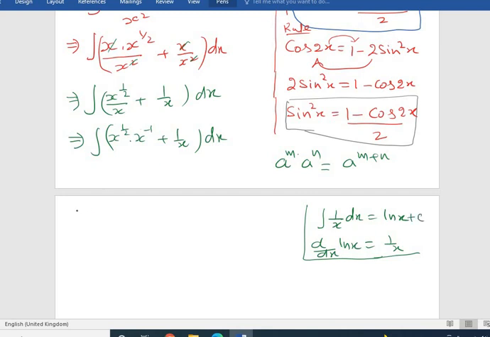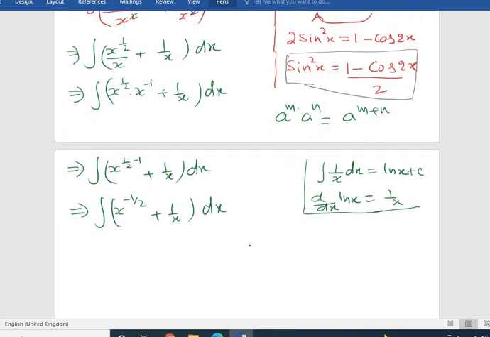Now I am going to use this. So it is x to the power half minus 1, that means 1 by 2 minus 1, plus 1 by x, dx. Now simplify it: x to the power minus half plus 1 by x, dx.